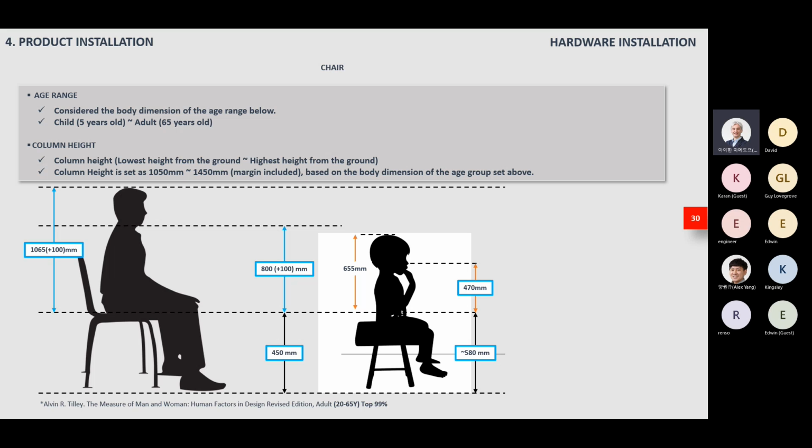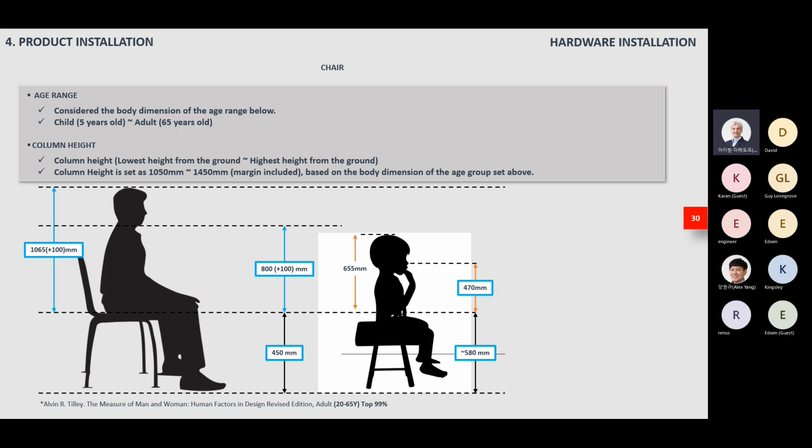And as I told you before, when the developers were working on this equipment and using the chair, the sizes and dimensions of the chair were considered by referring to the international measures of men and women and adults and children.